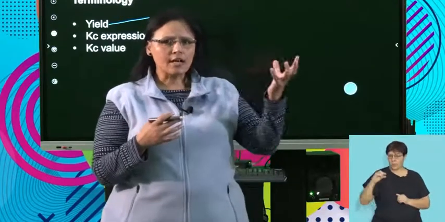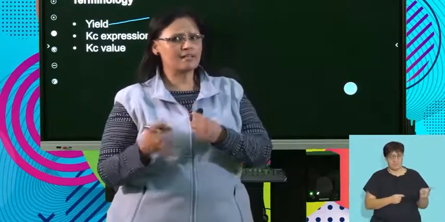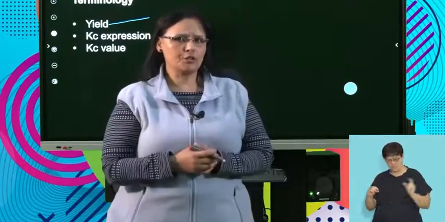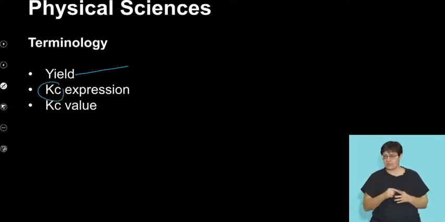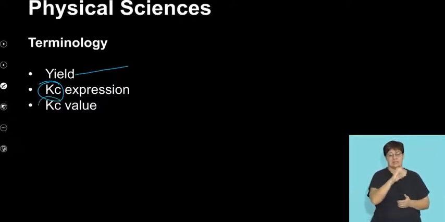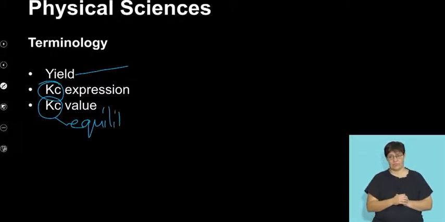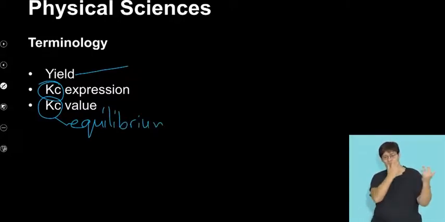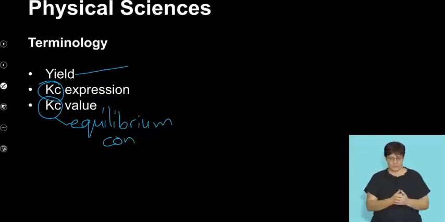We're going to look at, is it a lot that formed for the reactants, or is the yield less than the reactants, or what was put in? We're also going to look at this equilibrium constant expression, and this equilibrium constant value and how we work this value out.